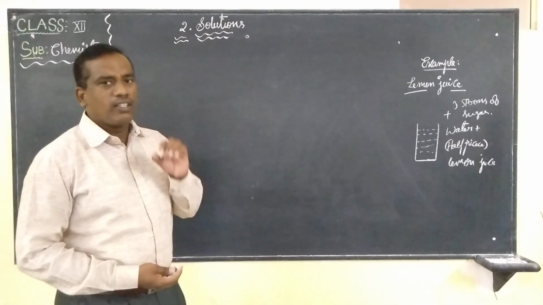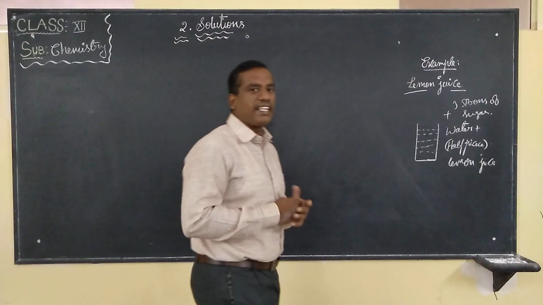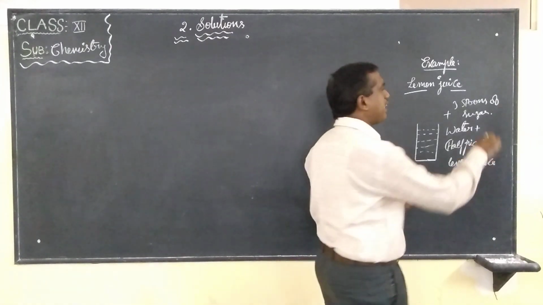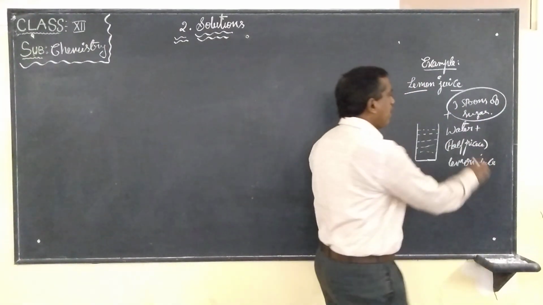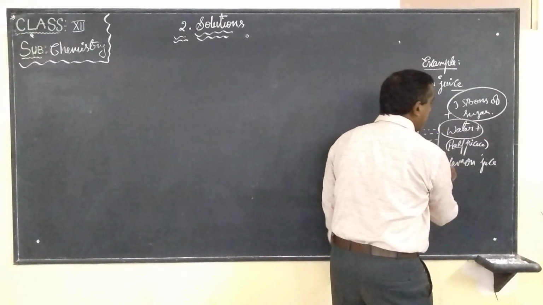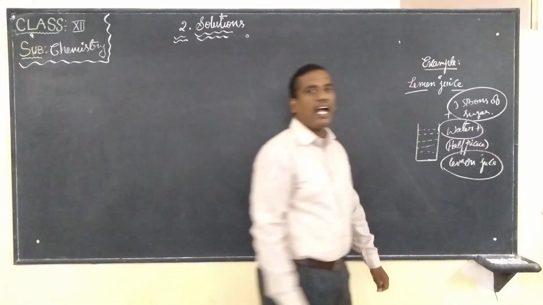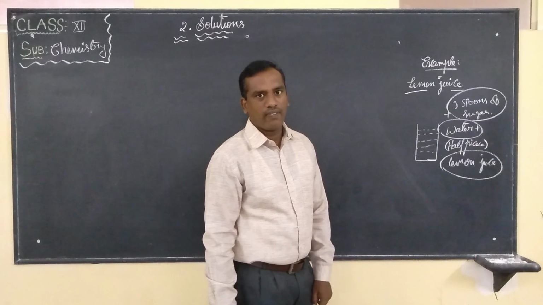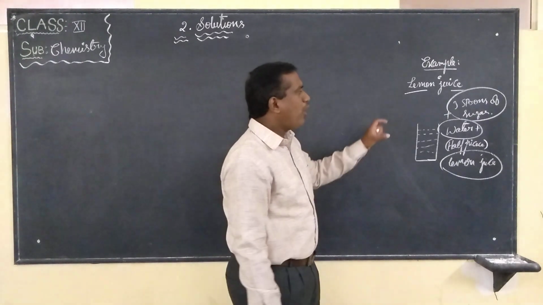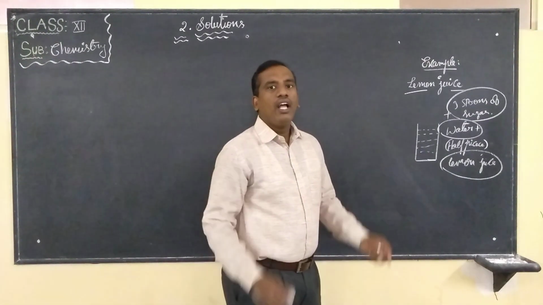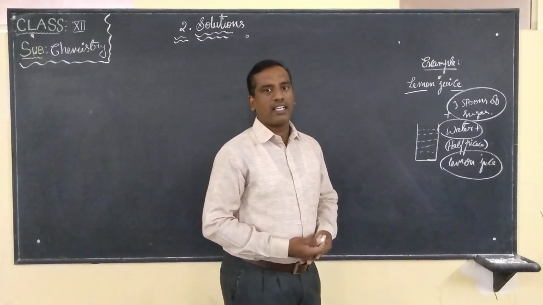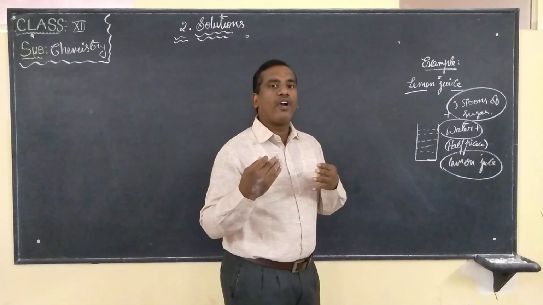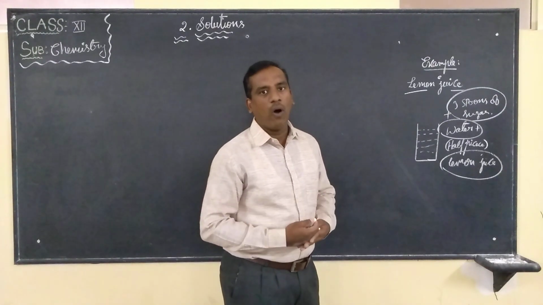Now, when we study in detail, what are the 3 contents? We had sugar in it, we had water in it, and we had the lemon juice in it. Among all these 3, which is considered the major part, the one you take in major amount?